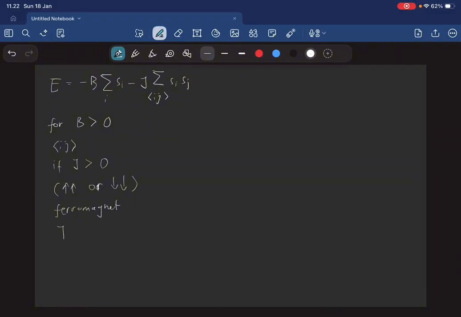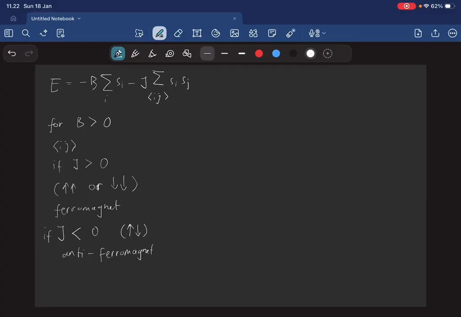If J less than 0, the spins want to anti-align, so up, down. This is an anti-ferromagnet. In the following, we choose J larger than 0 for our purpose. The differences are minor.